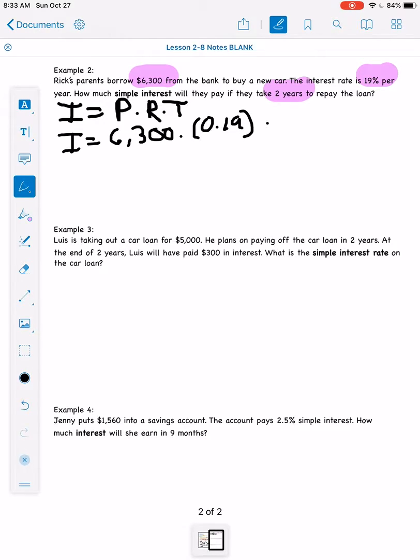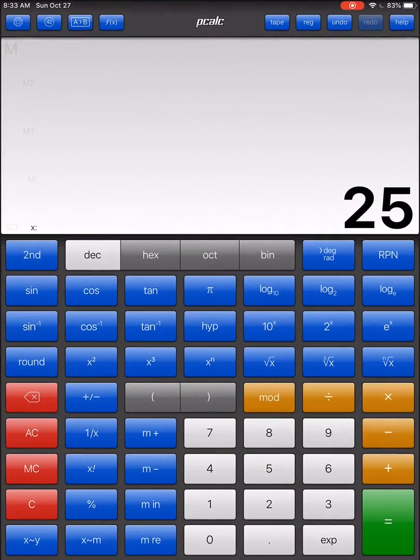And then we're going to multiply that times our number of years, which in this case is 2. So I'm going to go back to my calculator here, and put in those facts. We know it's $6,300, multiplied times our rate, which is 0.19, and then multiplied by 2 because we're borrowing this money for 2 years.